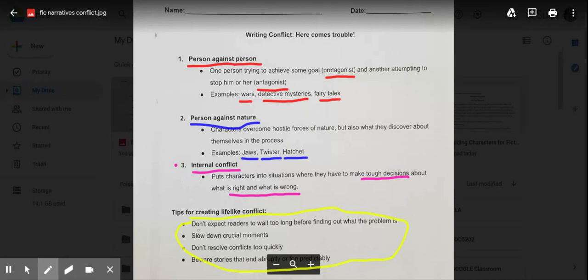If you haven't gotten there yet, you can just jot down and write a paragraph about what the conflict is and how your character will react. If you have already included a conflict in your fictional narrative, please go in and highlight the conflict so we know where to look.